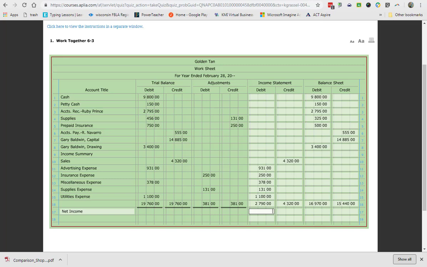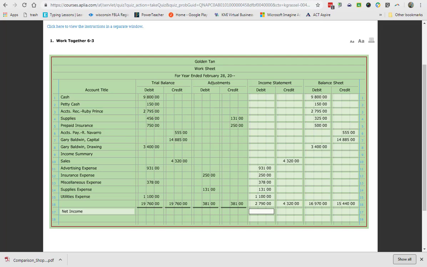I put that number right here. It goes on my income statement as a debit because when I add down, it will make my two numbers equal. What do we know about accounting? You can't have a debit without a credit. So if it goes here as a debit, where does it go on my balance sheet? Credit. Now here's the reason why. This is the important part.